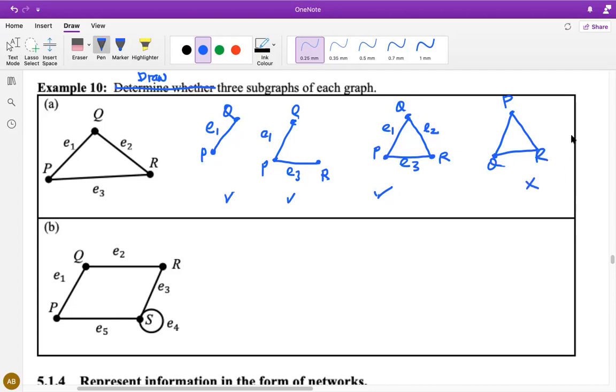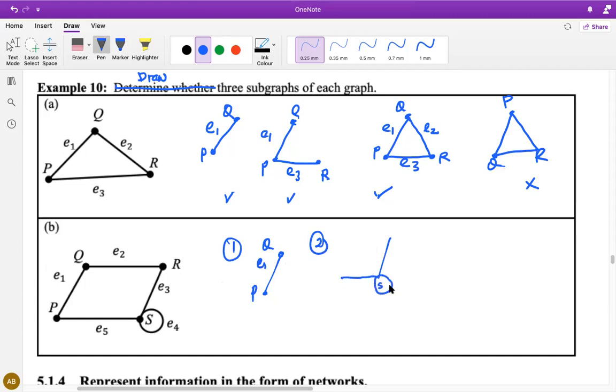This is wrong, because your E1, E2, E3 is not listed. So draw 3 graphs. Playing safe is good enough. So you just do one PQ, or you draw another one, number 1. Number 2, you can draw like that.